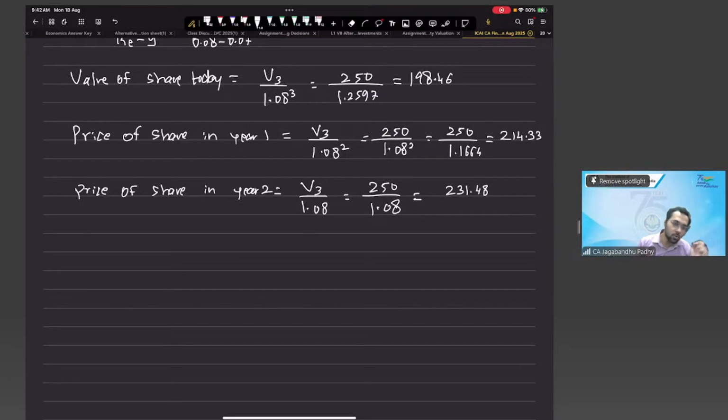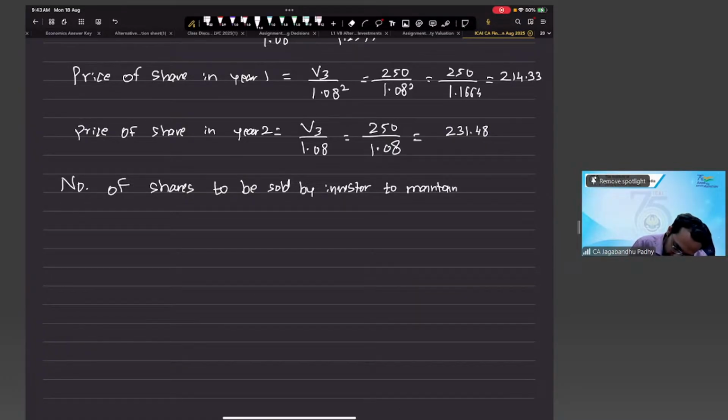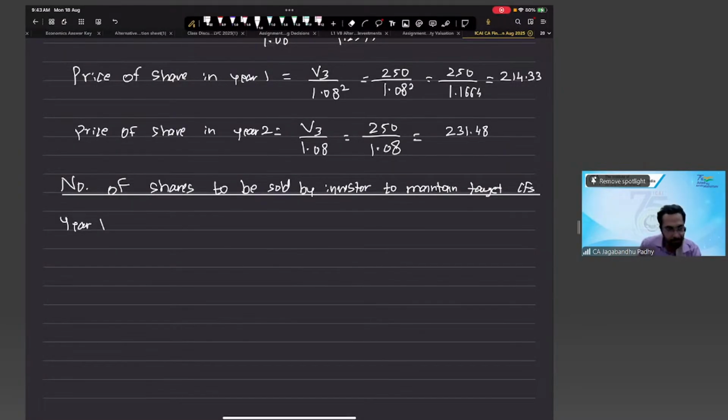Okay. So I need to know how many shares I'll be required to sell to maintain that targeted cash flow. So the number of shares to be sold by the investor to maintain target cash flows. In year one, how many shares should I be selling?